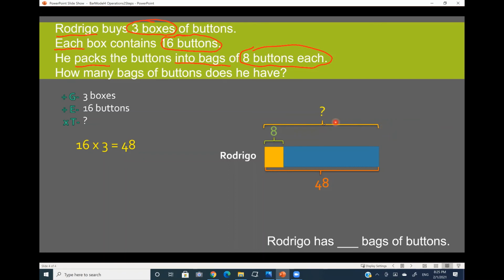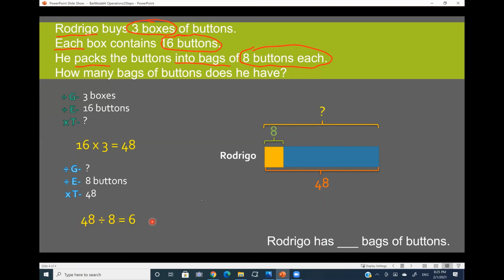We don't know them. We know how many in each group, we know the total, we don't know the number of groups. So when you do get, then we know that we don't know the groups, we know that each group is going to have 8 and the total is 48. So I need to do another division, and this division is 48 divided by 8. When you do it, you know the answer is 6.